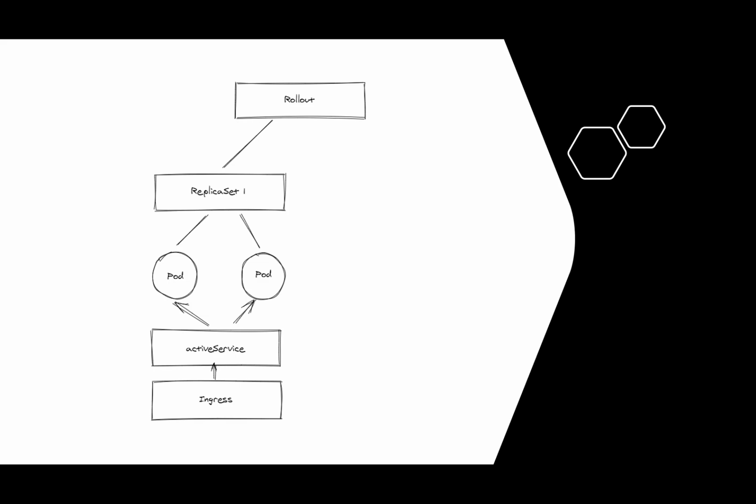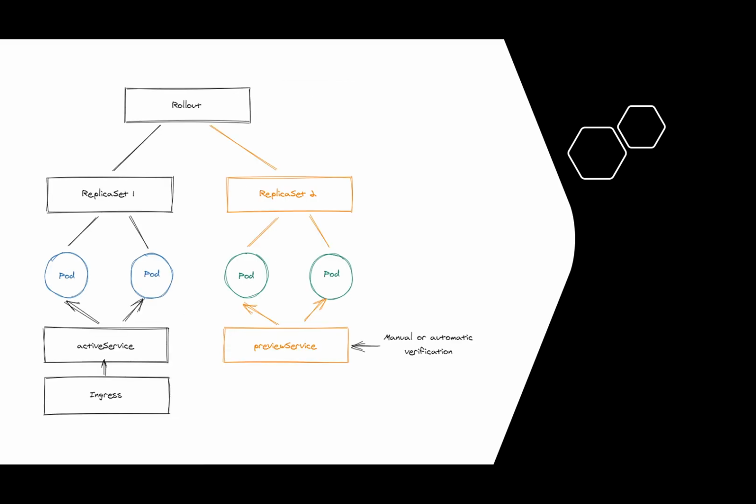Now that changes when, for example, you modify the container image in the template spec of your rollout. Because in that case, with the blue-green strategy, a new replica set will be rolled out. You will get new versions of your pods, and I should have actually switched the color here.